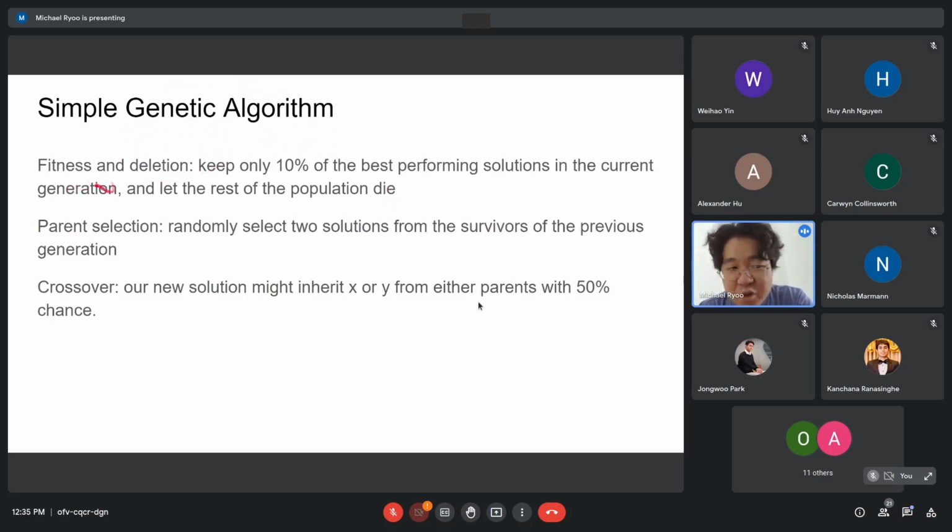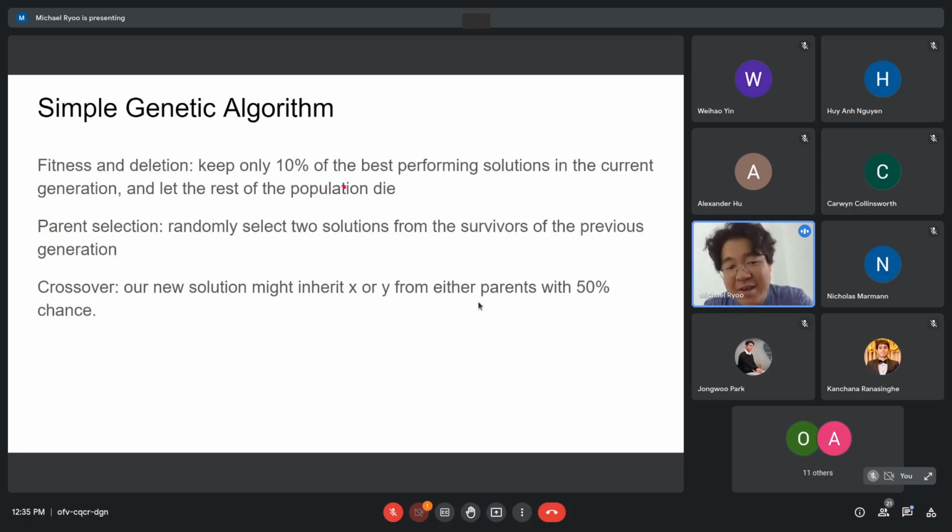For the fitness, we know the score, and for the deletion, let's say that we only keep the 10% best performing solutions in the current generation and kill everything else. So we are being very aggressive. We only maintain 10%. And at every iteration, we also select parents. So we randomly select two solutions from the survivors of the previous generation.